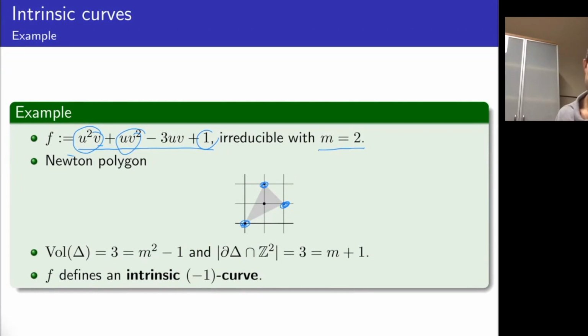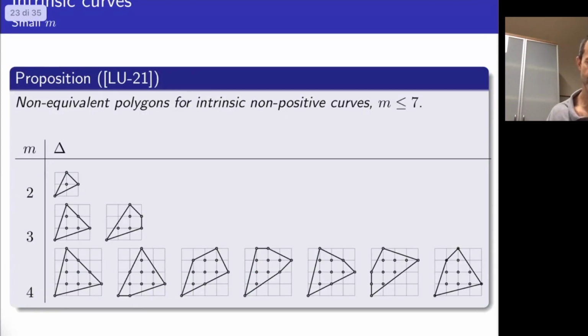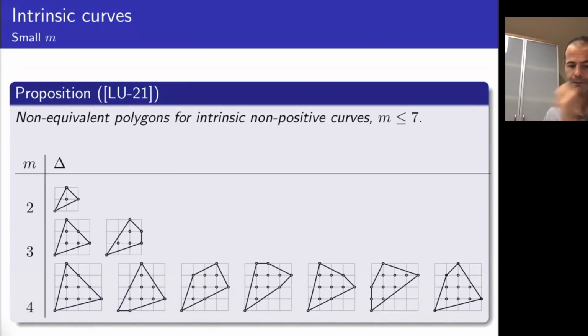Since we can see most of the properties of an intrinsic negative curve from the polygon, the first result about intrinsic non-positive curves is that we can classify all the polygons corresponding to intrinsic non-positive curves for any value of m at most 7.